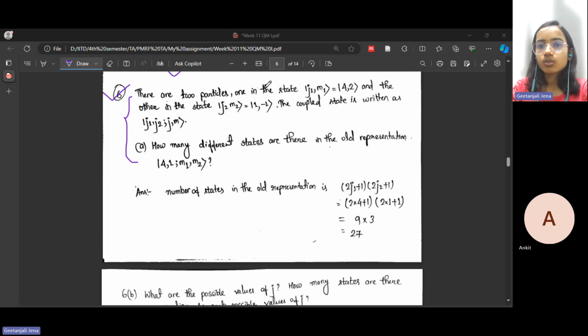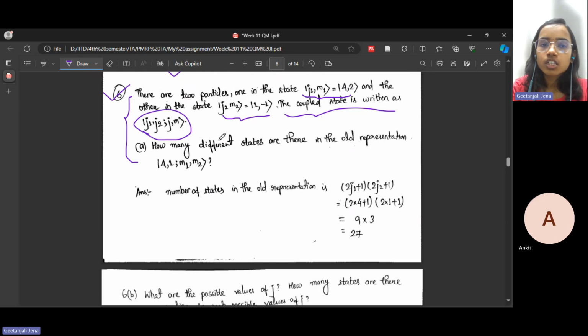There are two particles, one in the state J1, M1 equal to 4 and 2. So for the first particle, J1 is 4 and M1 is 2. And the other in the state J2, M2, which is 1 and -1. So for this state, J2 will be 1 and M2 is -1. Now for this two particle system, you can write the coupled state as J1, J2, J, M, right?